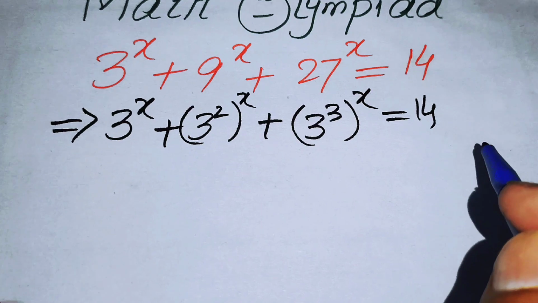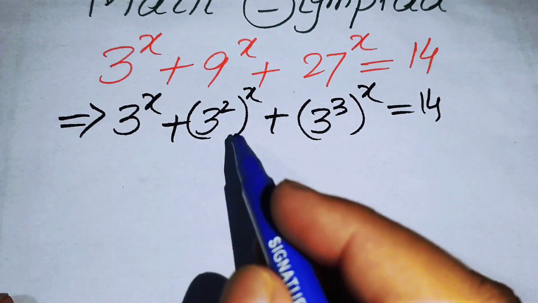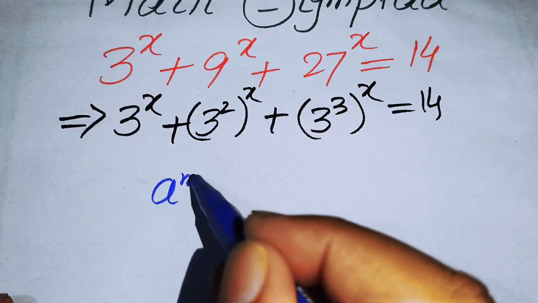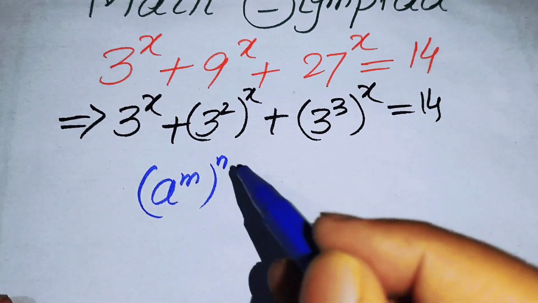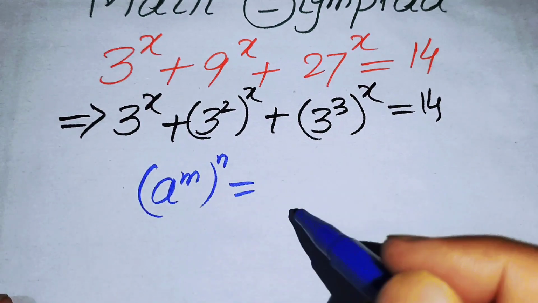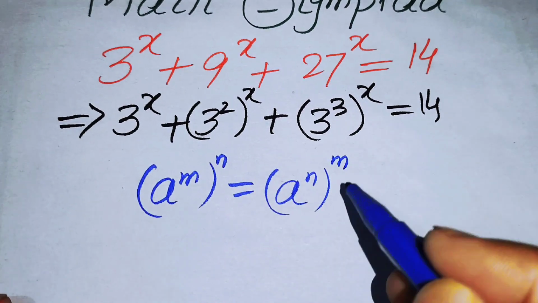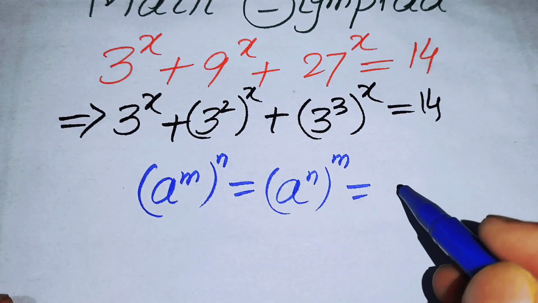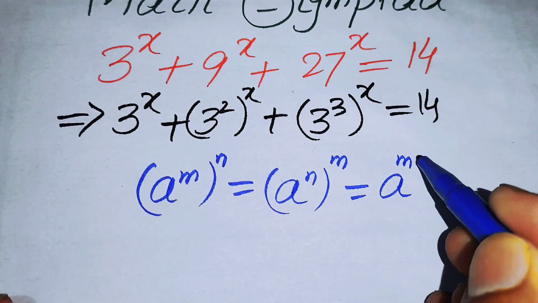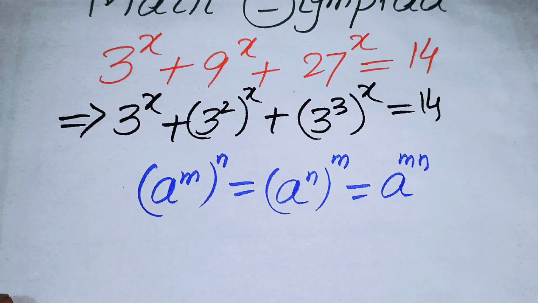The exponential law will be written in the form of, if you have a to the power of m to the power of n, here I can just interchange these two exponents and you get a to the power of n to the power of m, and these two expressions are equal to a to the power of m times n.